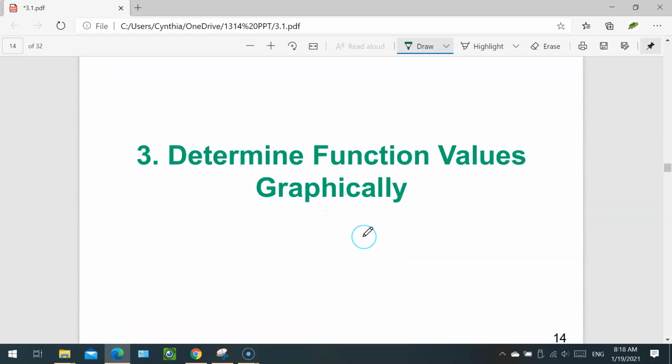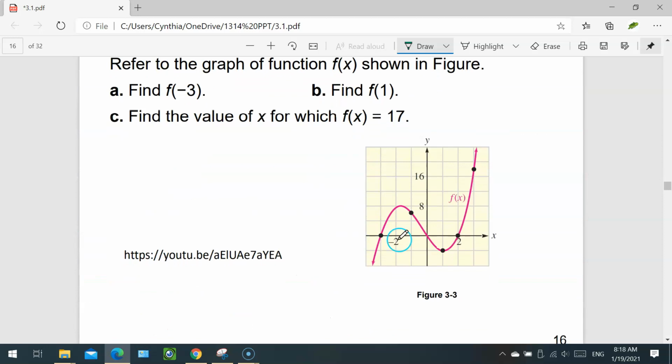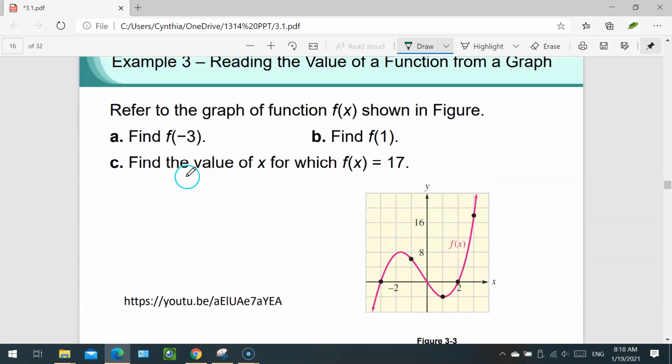Determine the function value graphically. So we look at the example. This is a graph of the function. I have no idea what type of function it is. So if they ask you to find f of -3, this -3 is the value on the x-axis, which is the input. So this question is asking you to find when x equals -3, what is the y value?